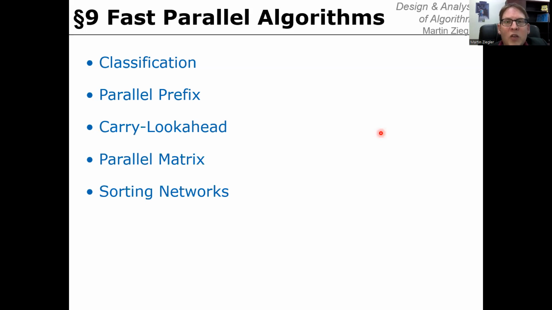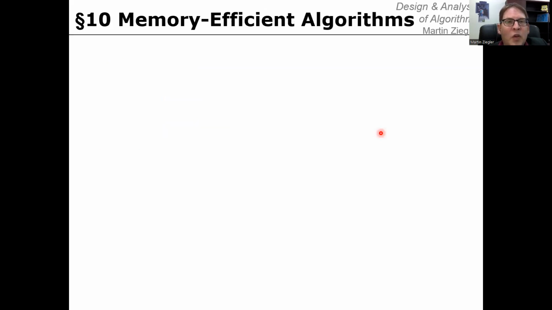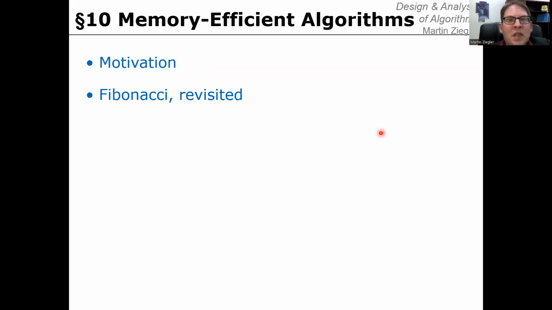That's a parallel algorithm. And finally, we talk about memory efficient algorithms, motivating the importance of memory saving. And we'll revisit our different algorithms for computing Fibonacci numbers now from the perspective of how much memory they use.